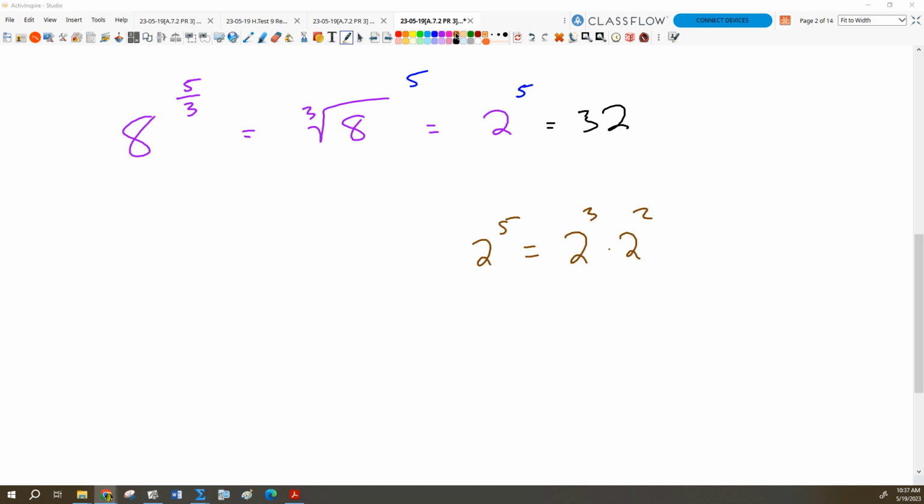Everybody see that? Because what's our property? If I multiply like bases, don't I add the exponents, right? So we just get our 8 times another 4, which is 32. You didn't probably need it so much with 2's, but if the base had been something bigger than a 2, that might have been kind of handy to do, right? Just use those properties of exponents.